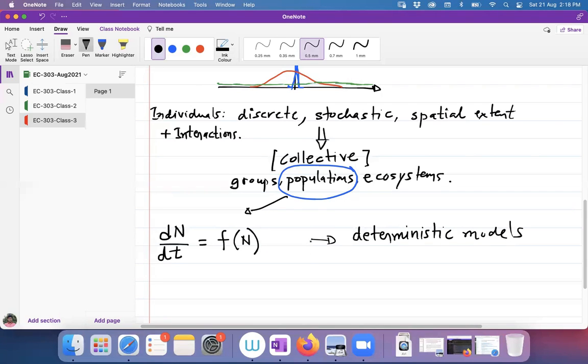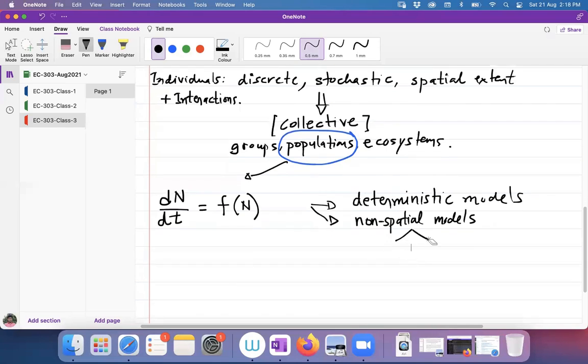So these are also called non-spatial models. Now, non-spatial models can come in many ways. Specifically, the most predominant one, whose name requires some justification which I will come to soon, is called mean field models. They're also called well-mixed models.